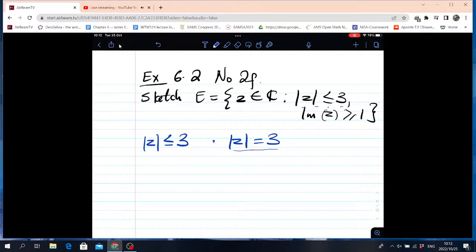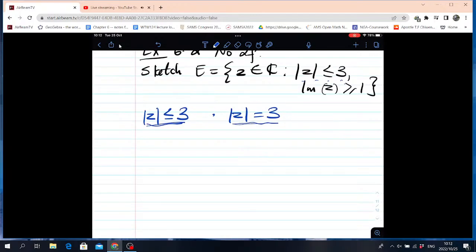So first figure out what you have when it's equal to, and then from there we can figure out the region that we actually want. So in this case, we know that the modulus of Z is equal to 3.